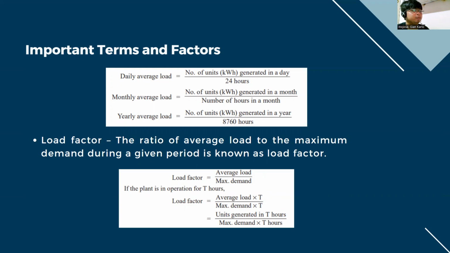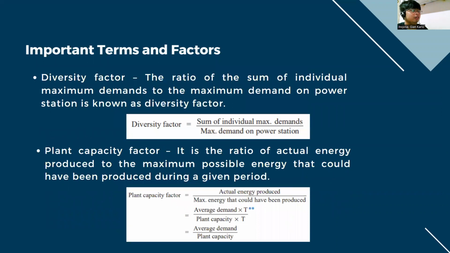For diversity factor, it is the ratio of the sum of individual maximum demands to the maximum demand on power station is known as diversity factor. So for our formula, diversity factor is equals to sum of individual max demands over max demand on power station.